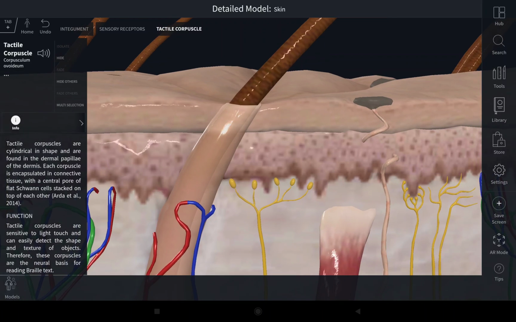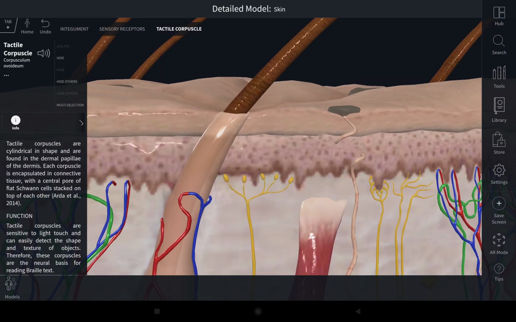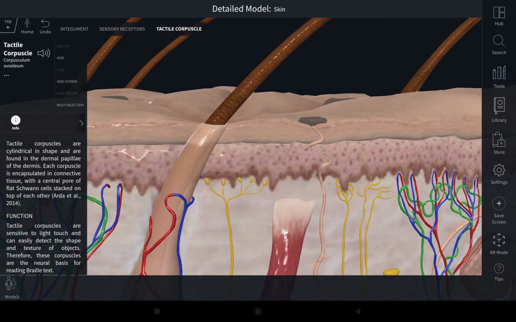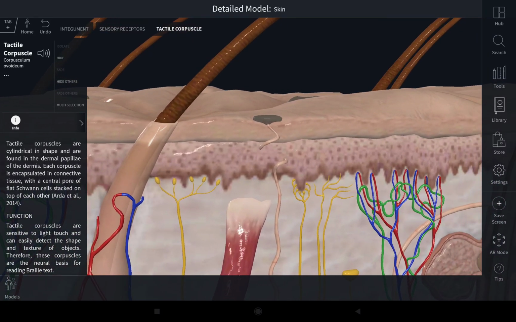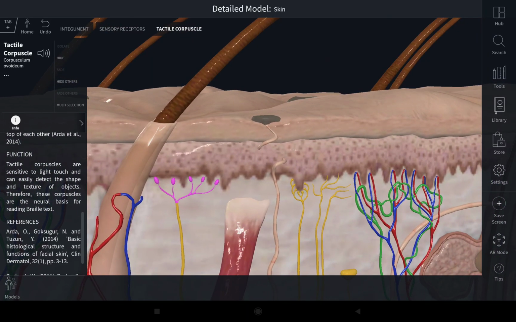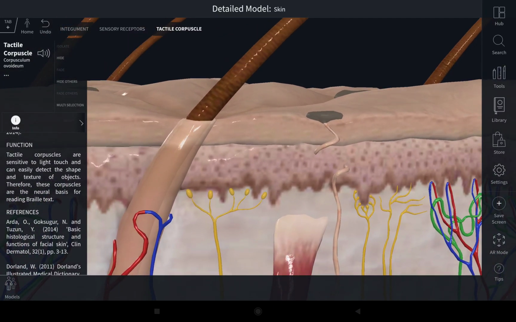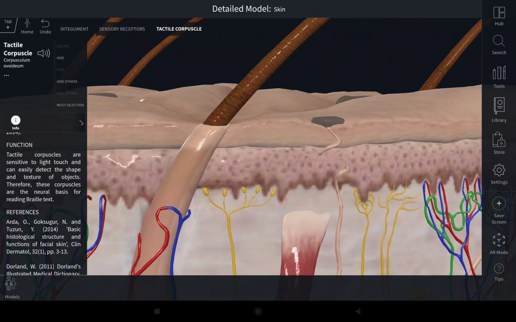Each corpuscle is encapsulated in connective tissue with a central core of flat Schwann cells stacked on top of each other. Function: the tactile corpuscles are sensitive to light touch and can easily detect the shape and texture of objects.